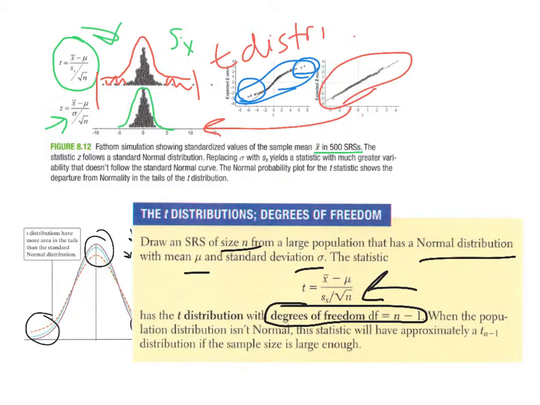When the population distribution isn't normal, this statistic will have approximately a t n minus 1 distribution if the sample is large enough. So I could have a population distribution that isn't normal, and I can still use this as long as my sample size is big enough. Similar to what we saw before.